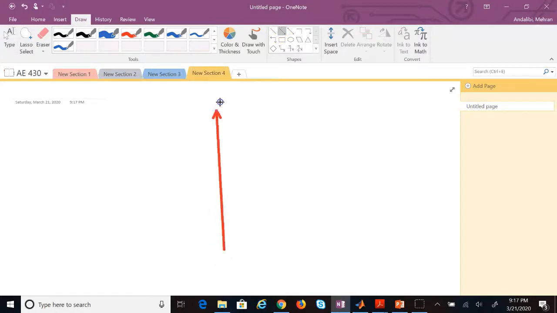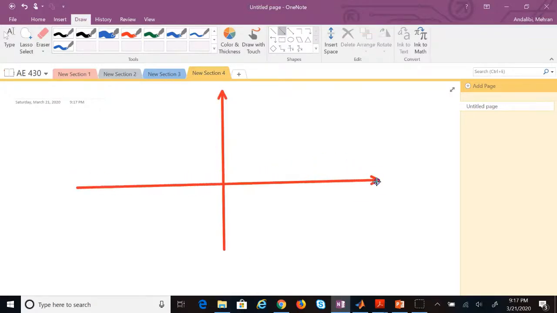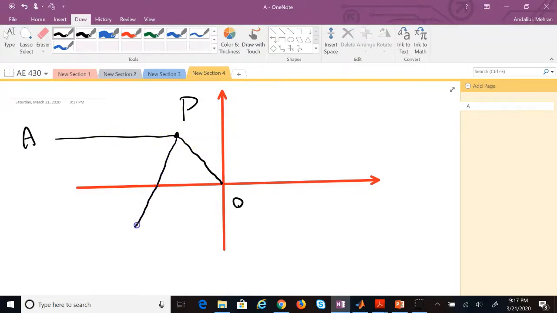This is one axis, this is the other one, and we had point P here, and we connected P to the origin O. We drew a horizontal line A. Then we divided this angle APO into two parts like this, and we call this line PB.